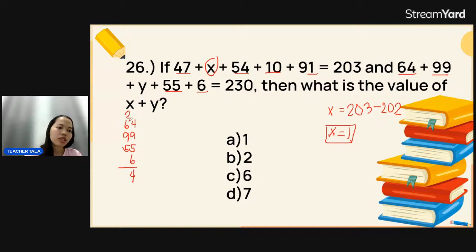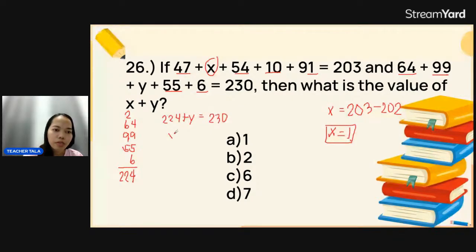So, 6 plus 5, 11, plus 2, 13, plus 9, that's 22. 224. Again, let's review. 4 plus 9, 13, plus 5, 18, plus 6, 24. 2 plus 6, 8, plus 9, 17, plus 5, 22. So, we have 224. And again, magiging 224 plus y equals 230.